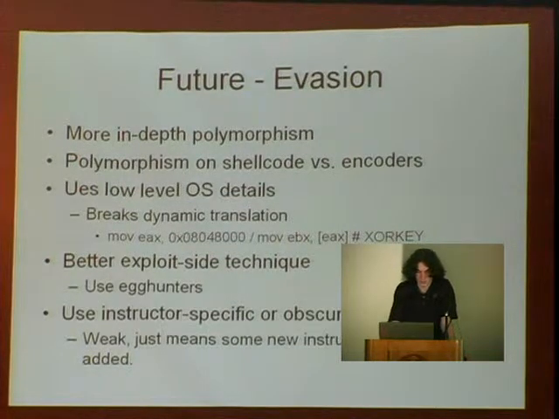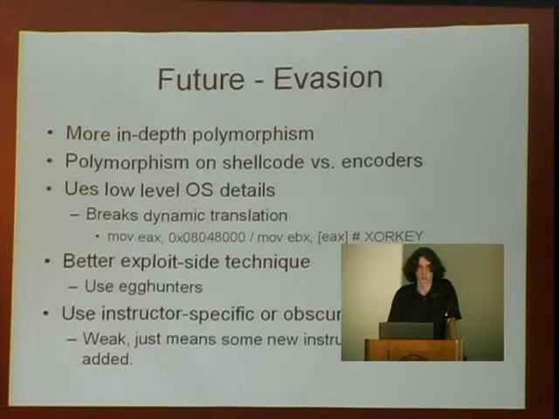Let's skip the better exploit-side technique for now. Using instruction-set-specific or obscure instructions may be useful for breaking dynamic translators temporarily. Dynamic translators are going to understand the basic instructions. They're going to understand XOR. They're going to understand move.